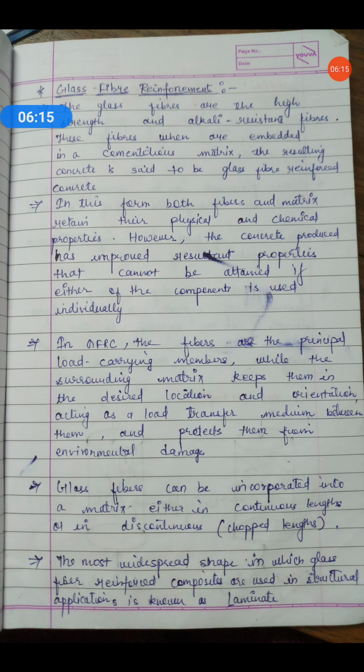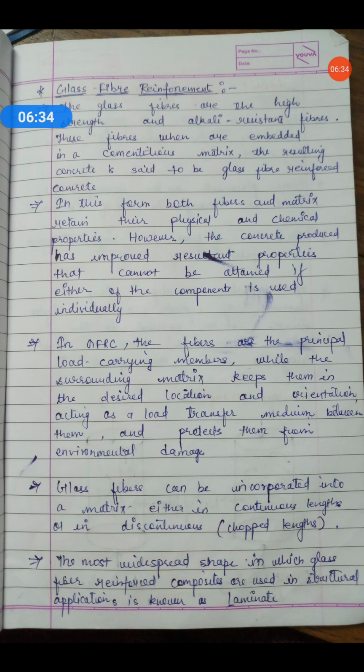Now, what is GFRC, glass fiber reinforced concrete, and how many properties does it possess? The glass fibers are high strength and alkali resistant fibers. Why are we adding glass fibers to our concrete?